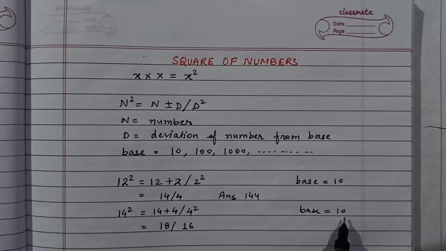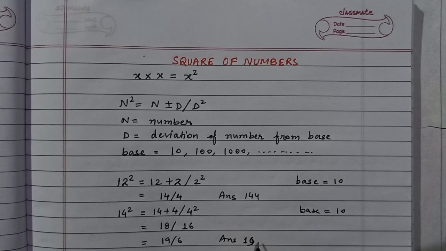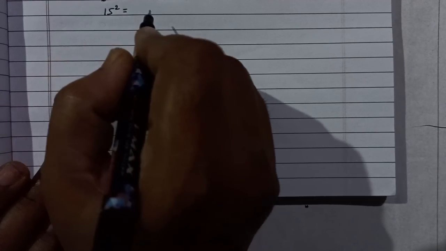Base has a single zero, so we keep a single digit on the right side. Then 1 carries forward to the left part. 18 plus 1 is 19, 6. Answer is 196.